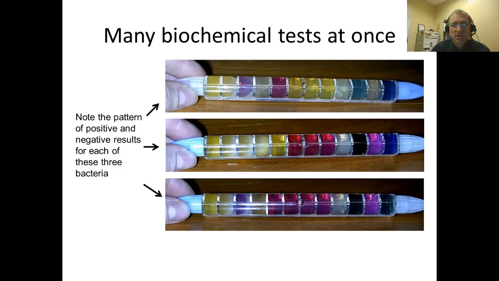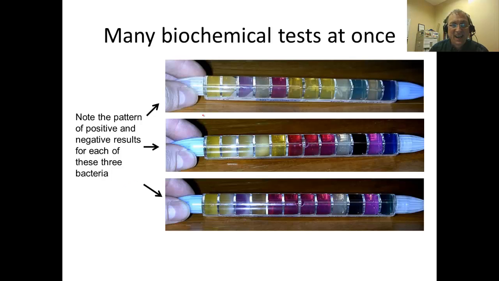Look at this fifth one over here. It's pink up here, but this microorganism is producing a yellow result. This organism is producing a pink result. What we can see is that these three different organisms are giving different patterns of positive and negative results for each of these. And so these Enterotubes can be a very rapid way of narrowing down what an unknown microorganism is by running many biochemical tests at once.